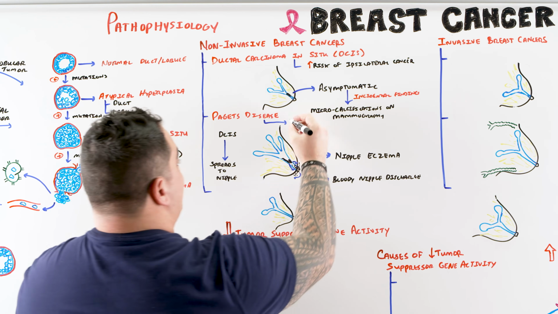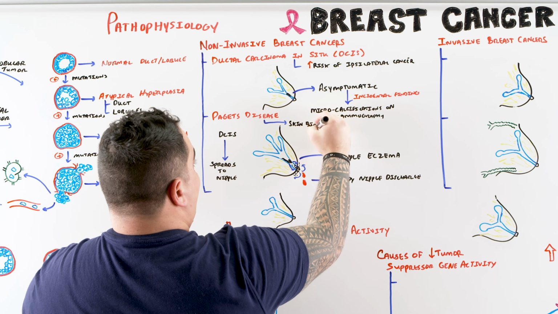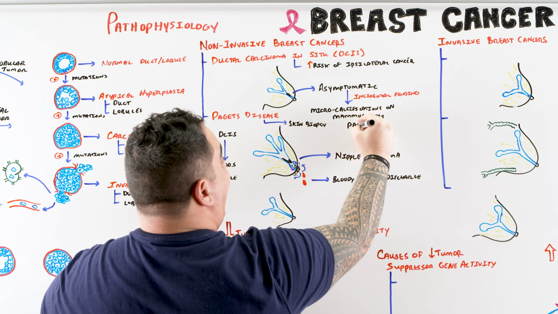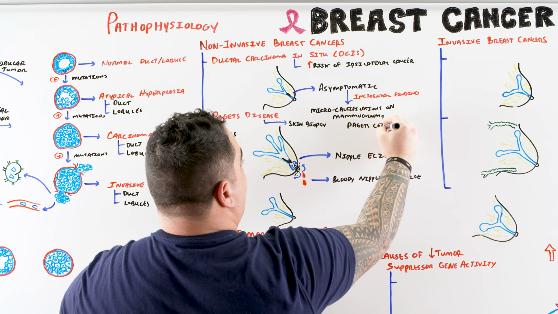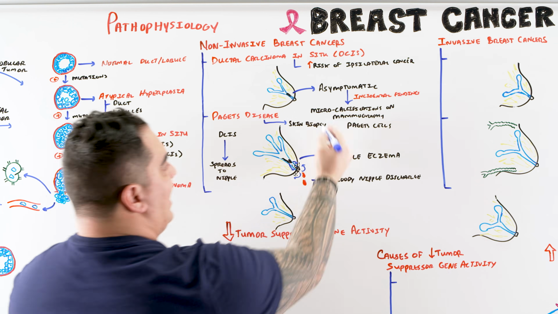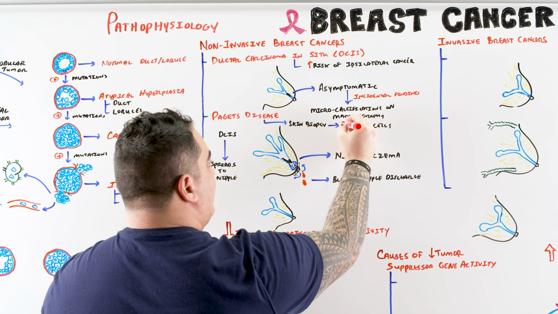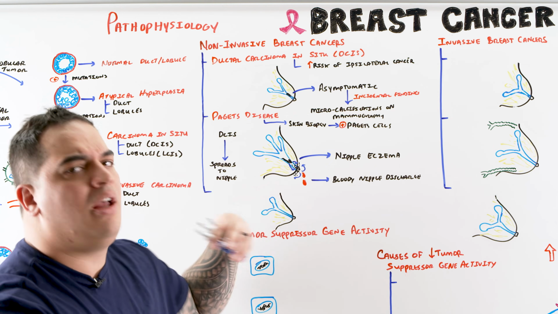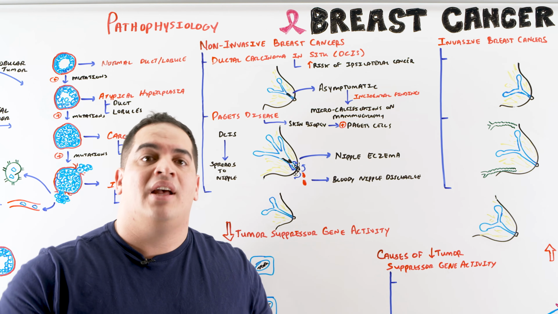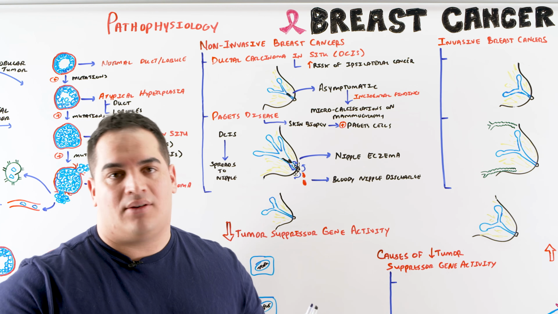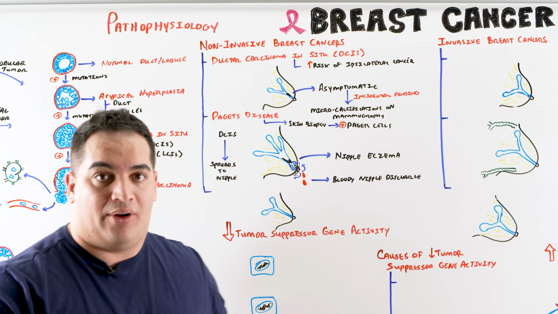And if we do a skin biopsy of this lesion right around where that eczema appears, and it produces Paget's cells, that's almost diagnostic when it comes to the USMLE exams. So definitely think about that they may present a patient who has nipple eczema, maybe some occasional bloody nipple discharge. They do a skin biopsy and it shows Paget's cells. That's a ductal carcinoma in situ that's spread to that nipple areola region.